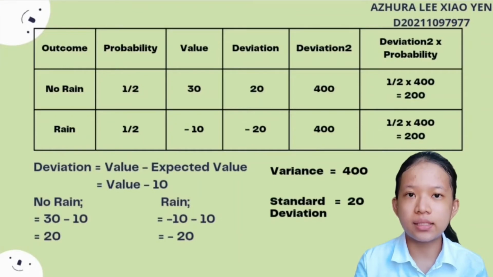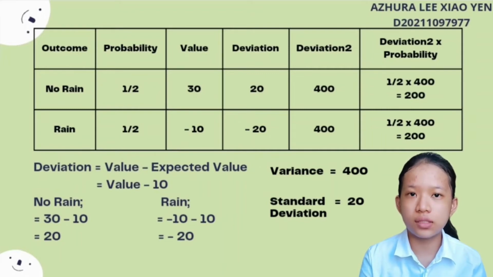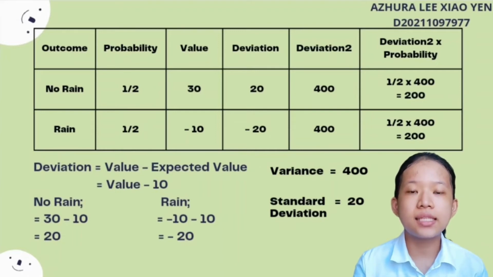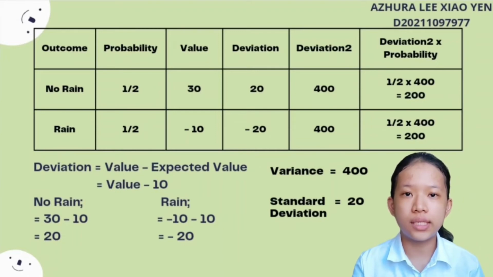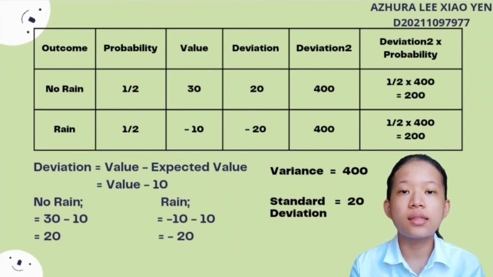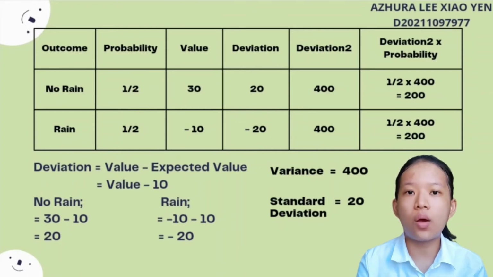But in this case, we should draw a table to calculate the variance of the profit from this concept step by step. The first column lists the two outcomes, which are rain and no rain, and the next column gives the probability. The third column shows the value or profit of each outcome.